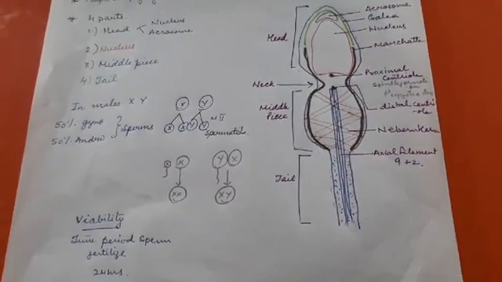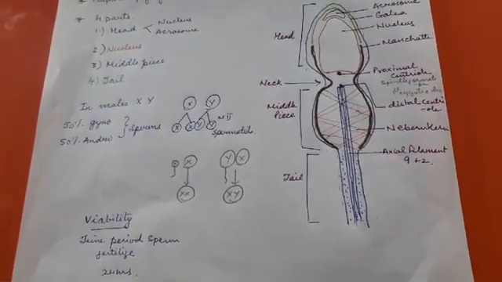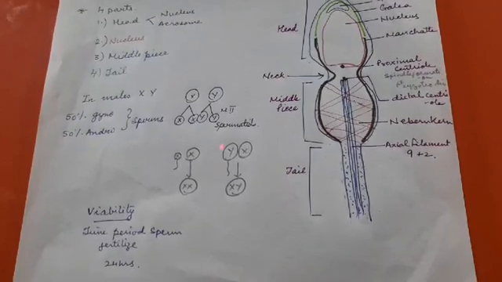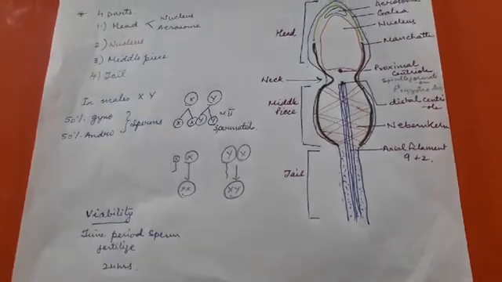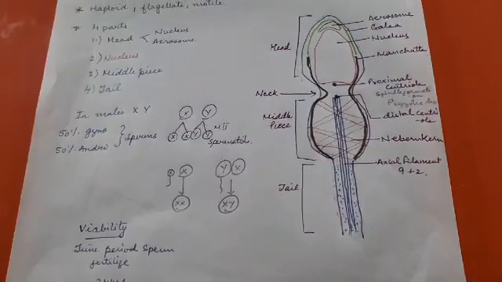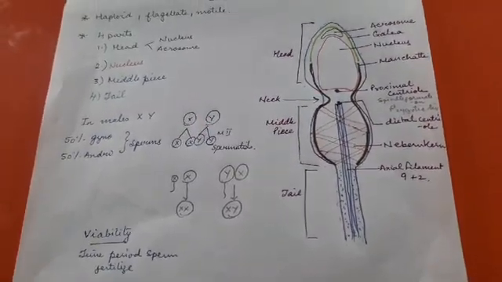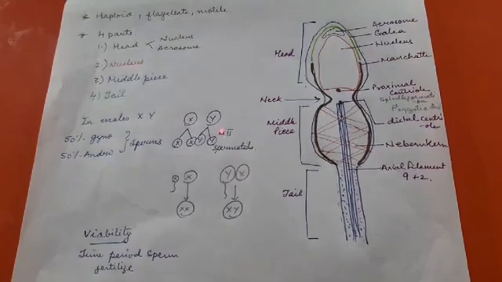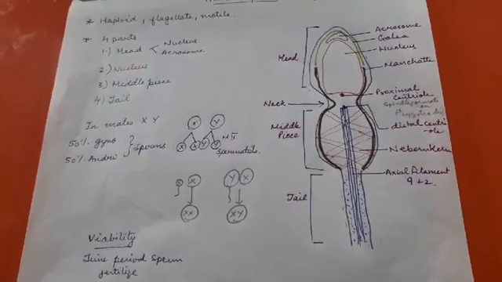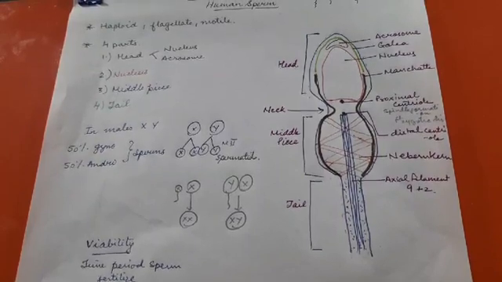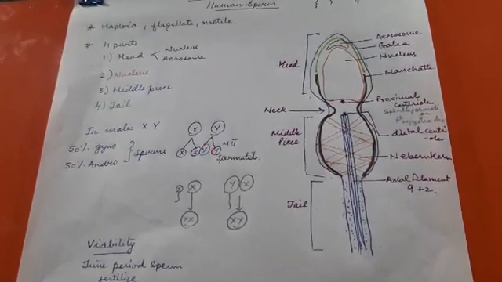So if we see here, 2 cells will be formed after meiosis 1, where one is going to have X and the other is going to have Y, and then these 2 cells undergo meiosis 2. So this will give us 4 spermatids, 2 with X and 2 with the Y chromosome.